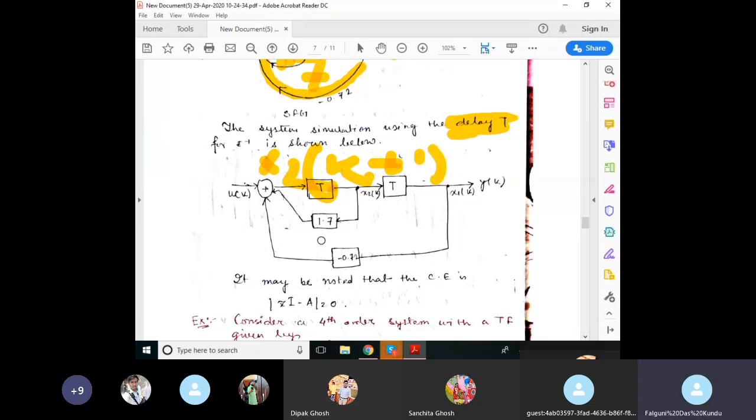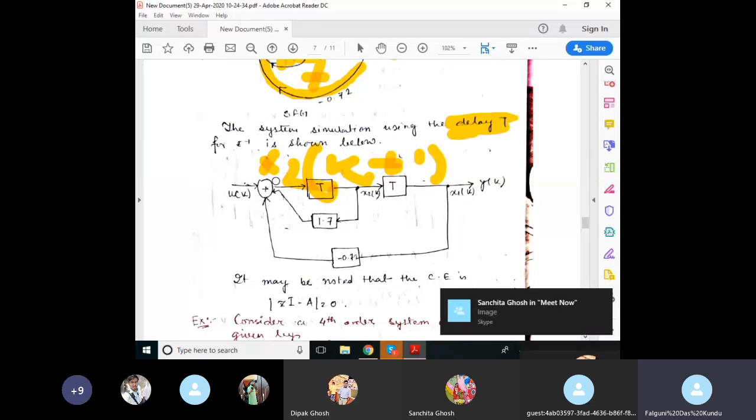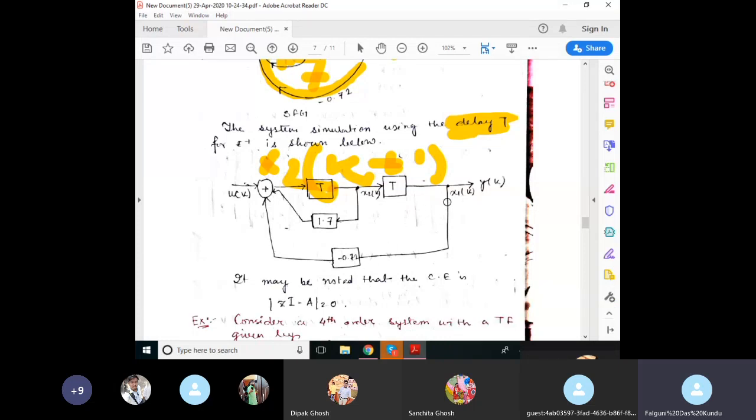So x2k plus 1 is nothing but uk minus 0.72 x1k plus 1.7 into x2k.